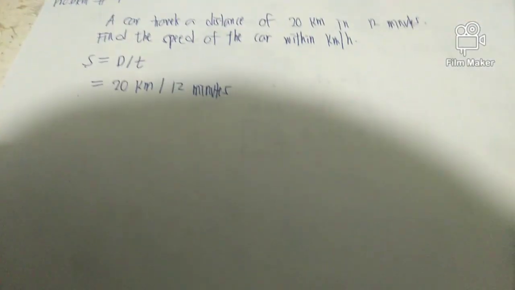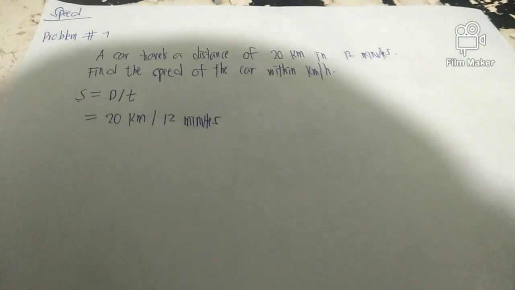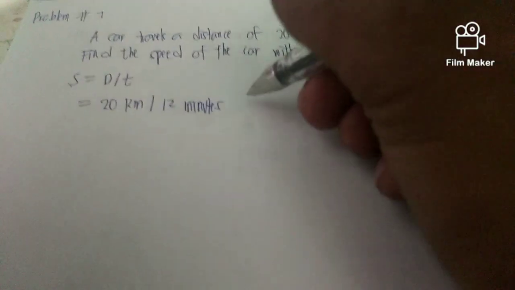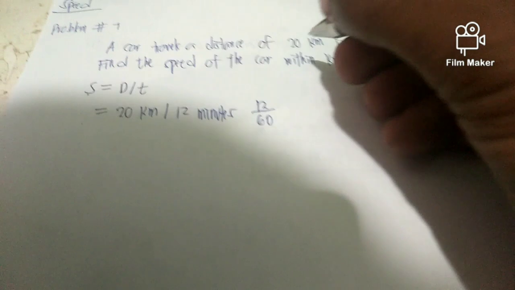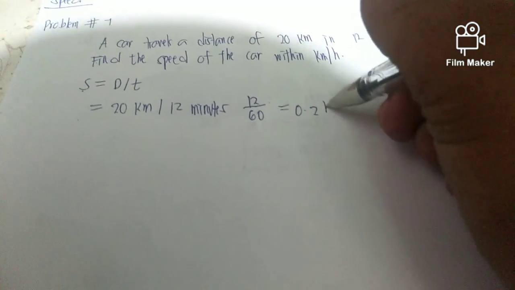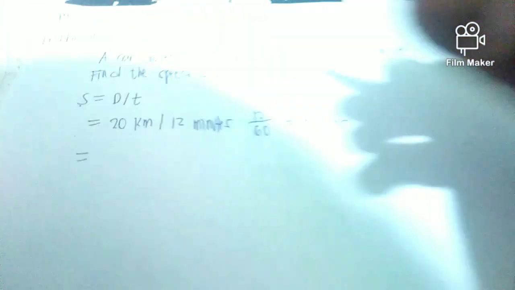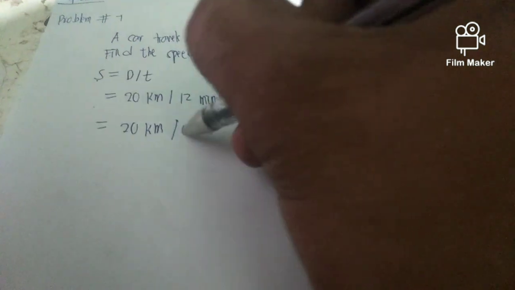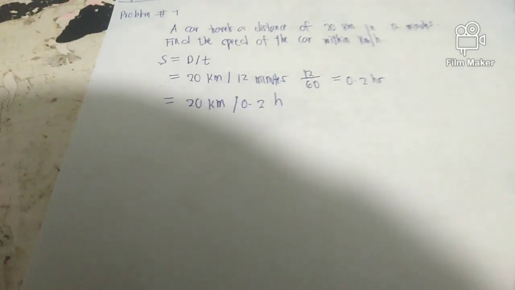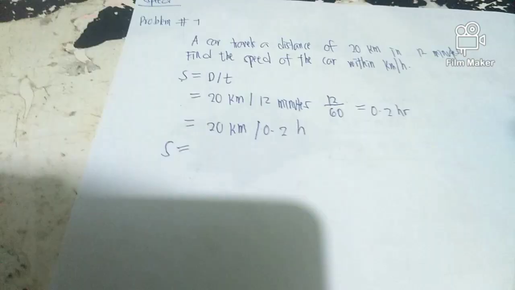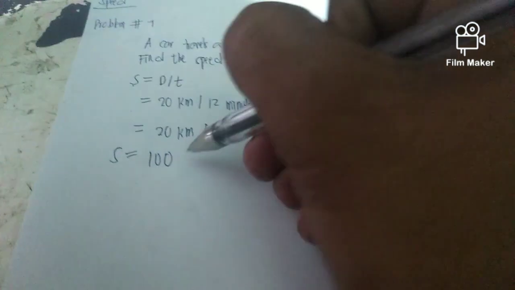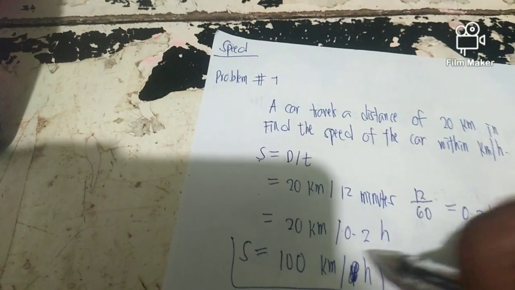So we need hours, so we convert minutes to hours. So 12 over 60 equals 0.2 hour. So 20 kilometers divided by 0.2 hour equals, our speed is 100 kilometers per hour. So this is our speed.